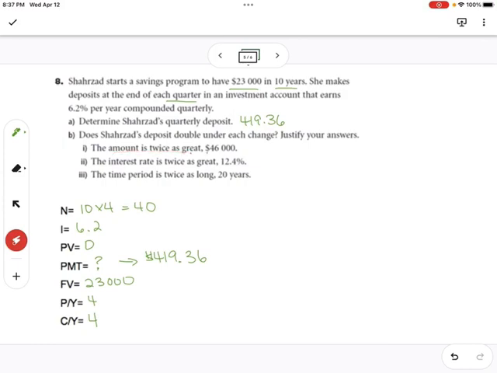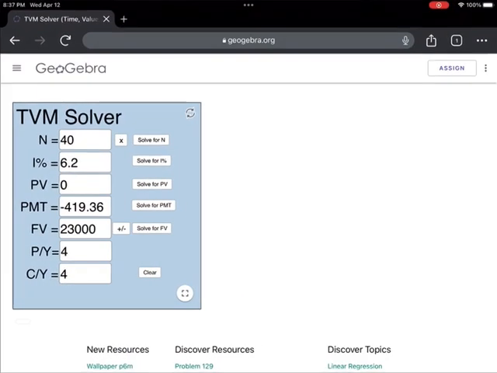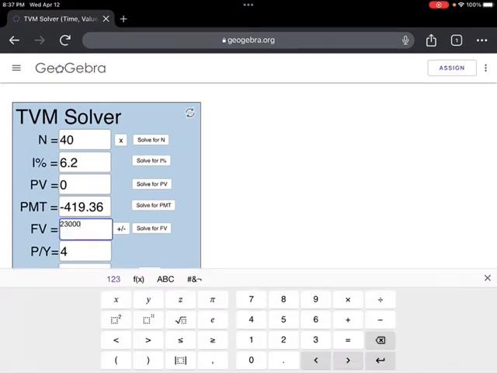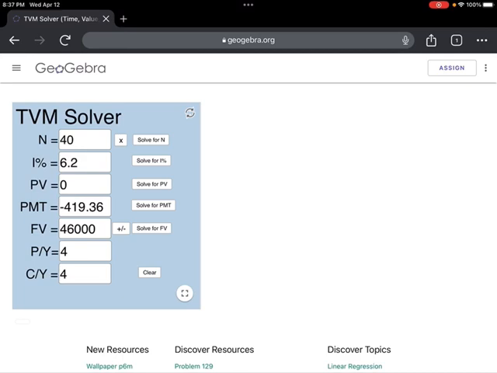So we want the future value to be the 46,000 instead of the 23,000. So changing that value, everything else will stay the same, and we're going to solve for the payment again. And that payment becomes $838.72.